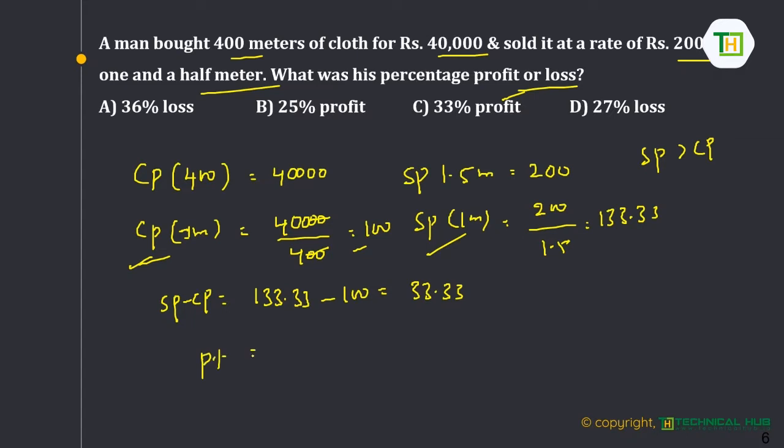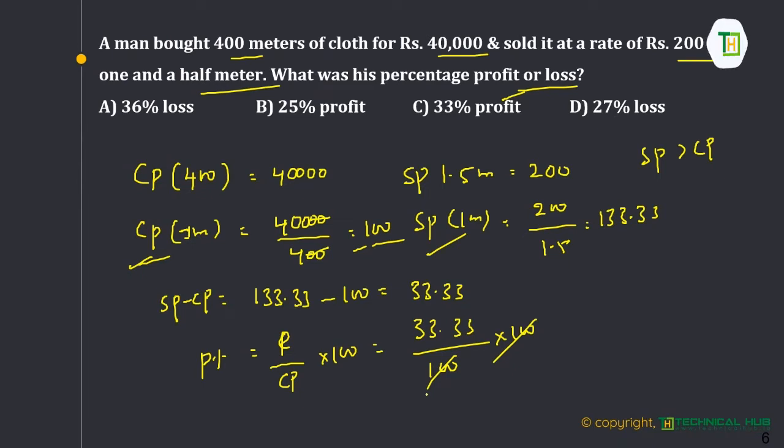Profit percentage means profit upon cost price into 100. The profit is 33.33 by 100 into 100, because the cost price of 1 meter is 100. So 100 gets cancelled, and 33.33 is the profit percentage. By seeing the options, 33.3 is very close to 33 percentage. So go for option C.